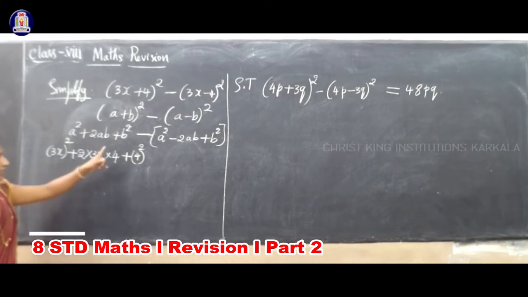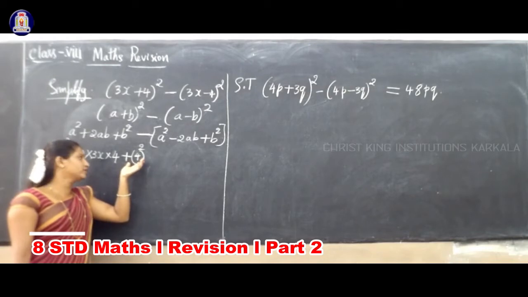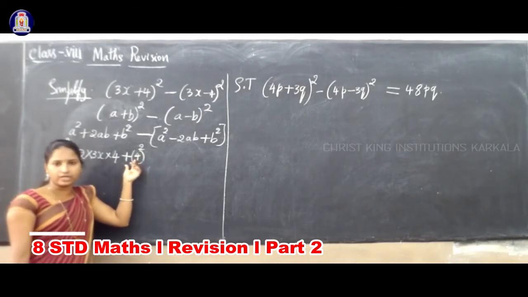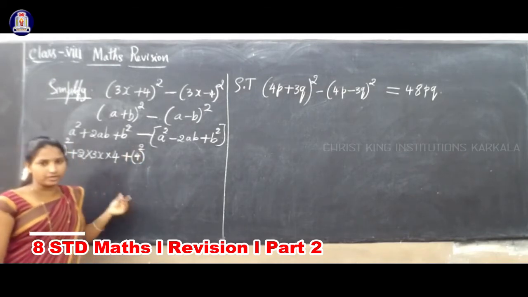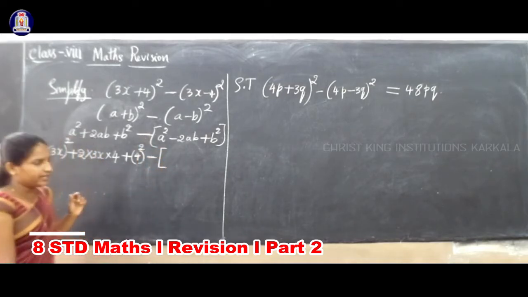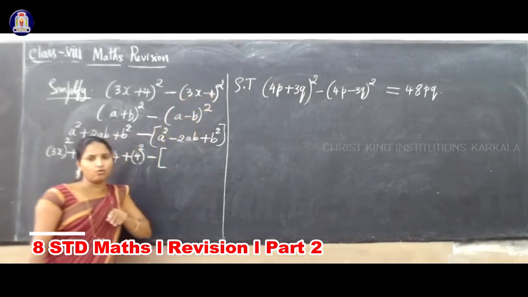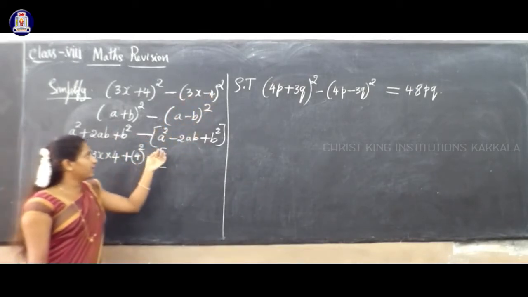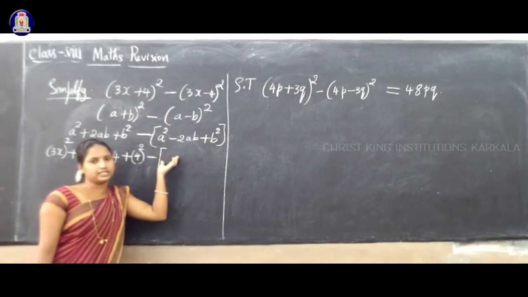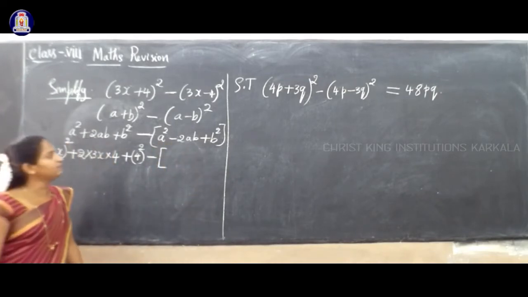Clear? Suppose if you get a negative, then you must write it inside the bracket. For positive there is no need of writing the bracket, but if you want, you can write it like this, (4) whole square. Clear? So the sign here is minus, write as it is. Next, the second term is in the form of (3x − 4) whole square. So now you have to use the second identity, that is a square minus 2ab plus b square.